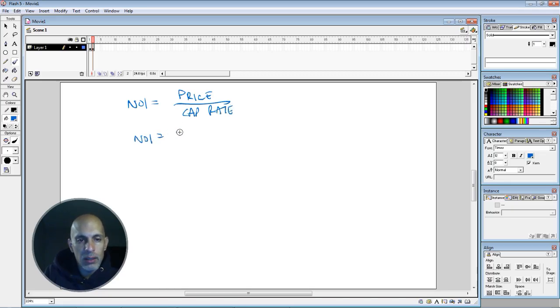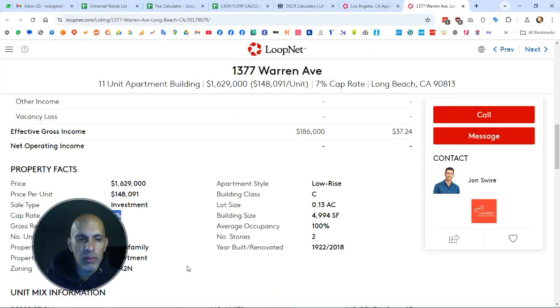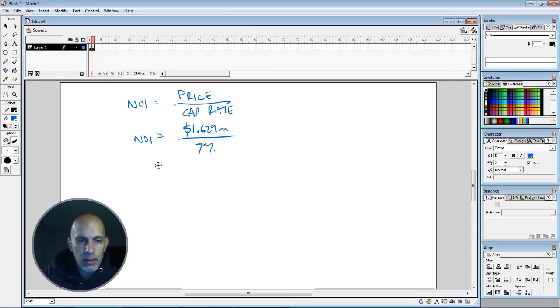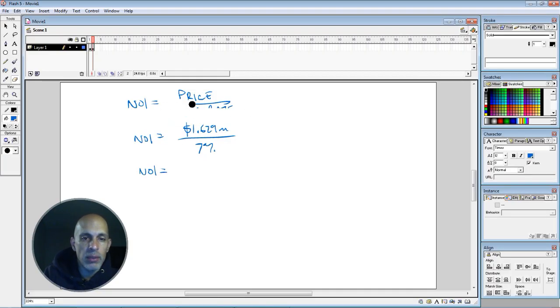NOI is equal to 1.629 million over, and I believe this was a 7% cap rate. NOI is equal to 1,629,123 divided by 7. Oh, whoops, I did this wrong. It's times, not divided by.